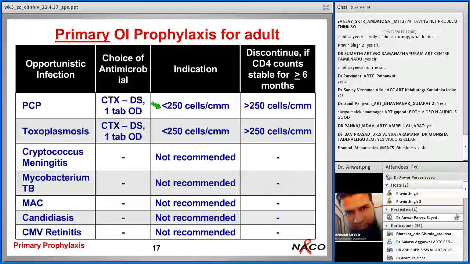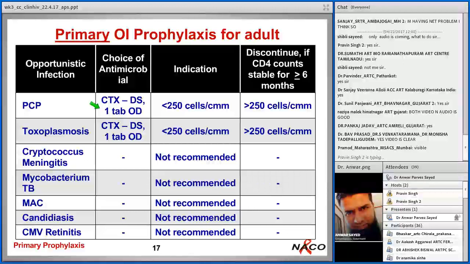But primary prophylaxis is indicated only with cotrimoxazole, and these days we use also for TB, like INH prophylaxis. That will be discussed later in the TB session, but for this session it will be PCP and toxoplasma for which we are using this prophylaxis, and there is only one drug which we are using, that is cotrimoxazole.